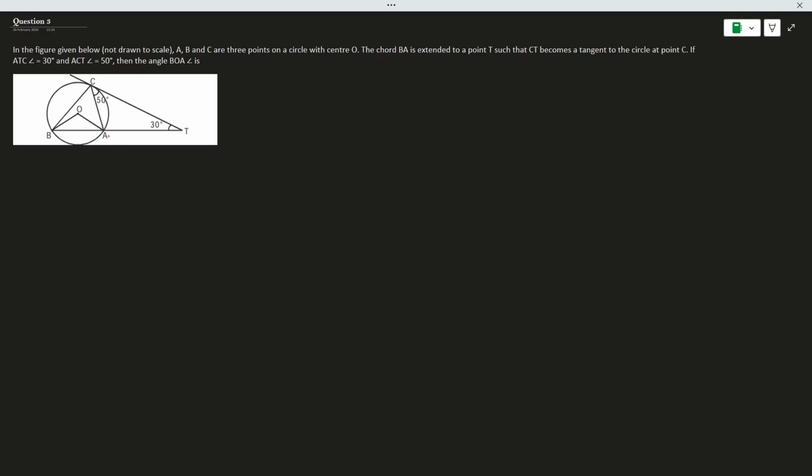Chord BA is extended to a point T such that CT becomes a tangent to the circle at point C. Okay, and if angle ATC is 30 degree, angle ACT is 50 degree, then find the angle BOA. BOA. Okay.